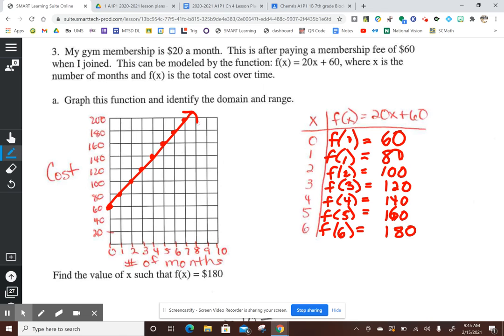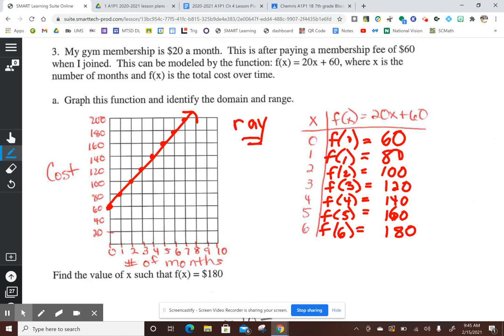Again, let's think about why this is a ray. And it is a ray because can we have negative months?